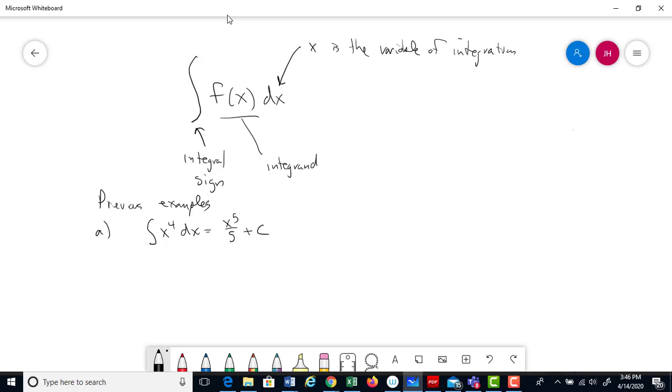This technically says find the antiderivative of x to the fourth. Or if I want the antiderivative of the cosine of 3x with respect to x, you know that this is going to be equal to 1/3 times the sine of 3x plus c. So now we have an operator.